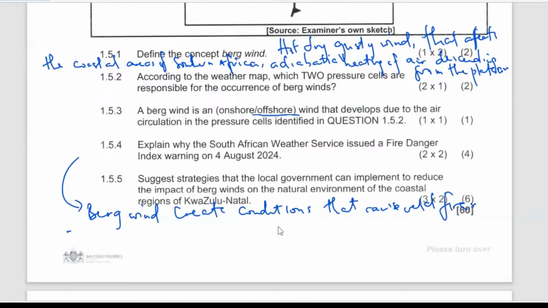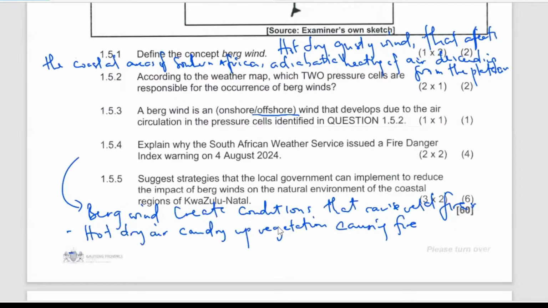For example, we are saying it has hot, dry air. How does it facilitate? It can dry up vegetation, and as vegetation dries, that is likely to cause fire.